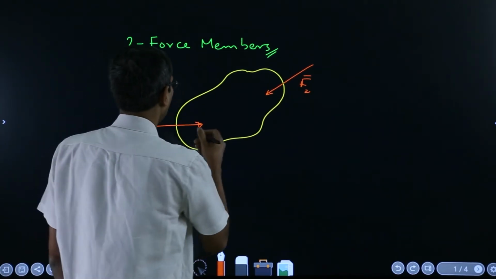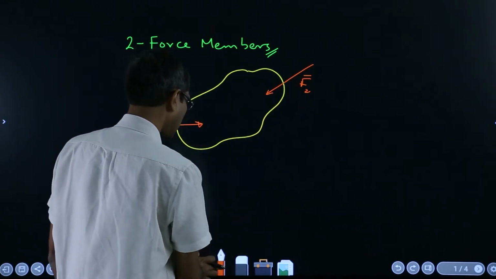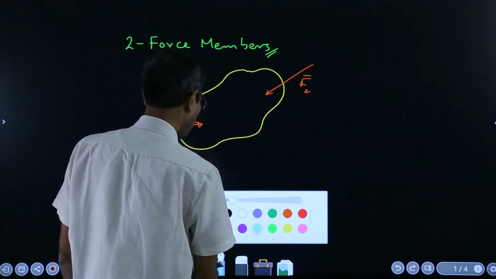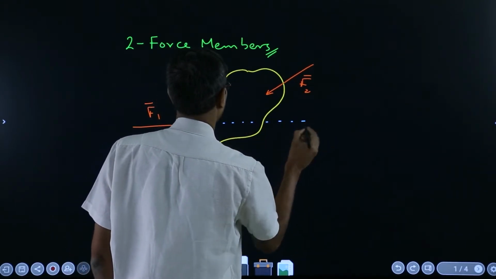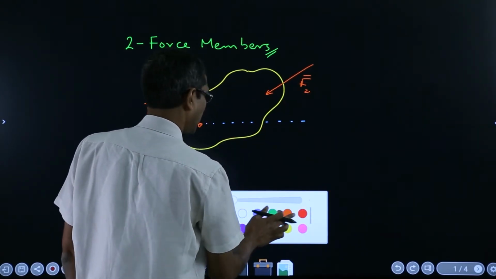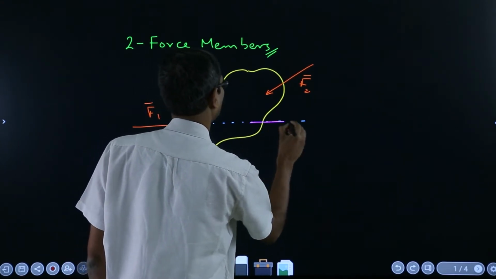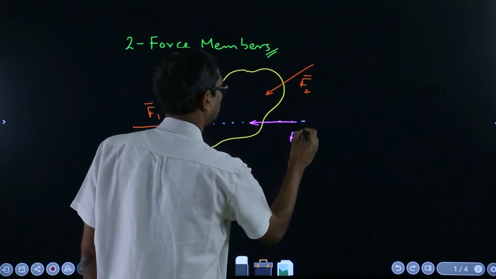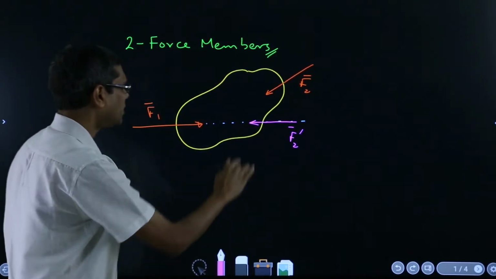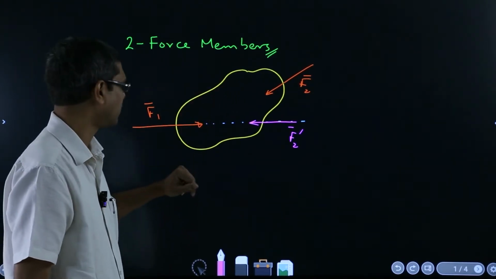That means if this body is in equilibrium, then this cannot be the situation. Actually the situation should be, for example, this force should have been in this direction maybe. So F2 dash, if I say, should have been in this direction for the body to be in complete equilibrium.